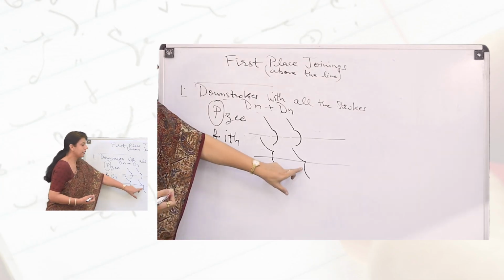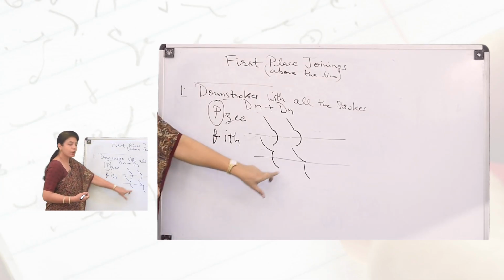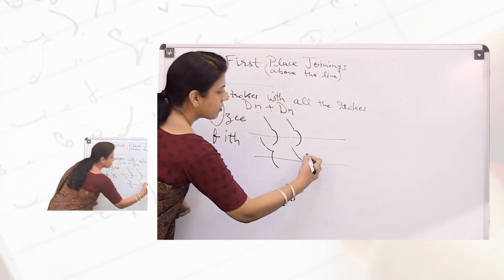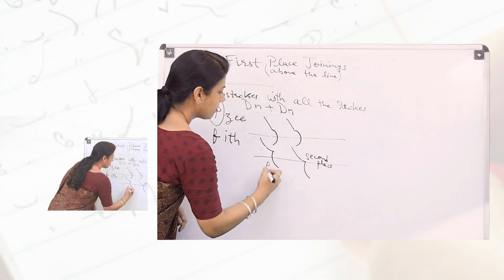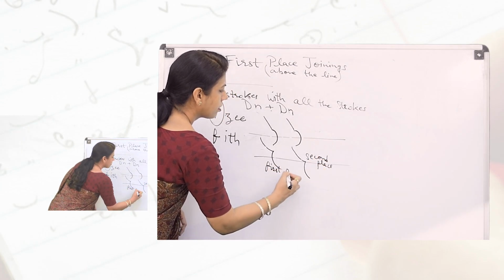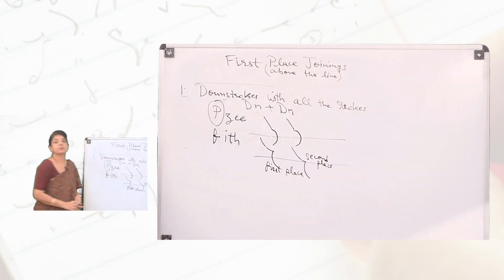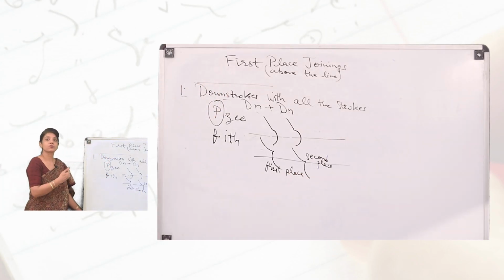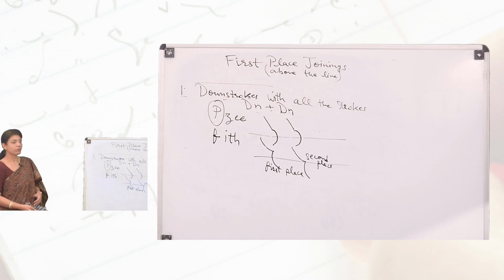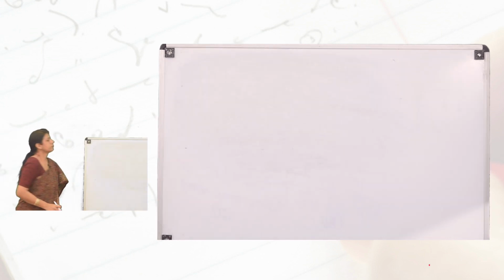So we can clearly differentiate now between the second and first place. This is second place joining and this is first place. So these are the examples of downstrokes with downstrokes at first place.